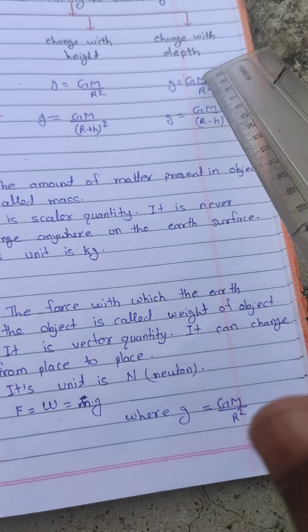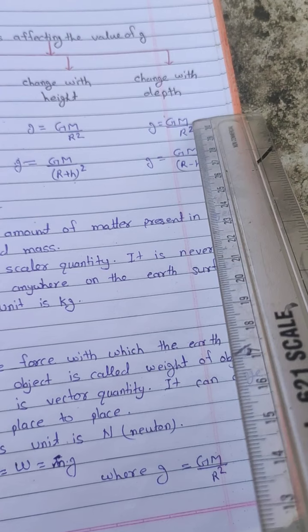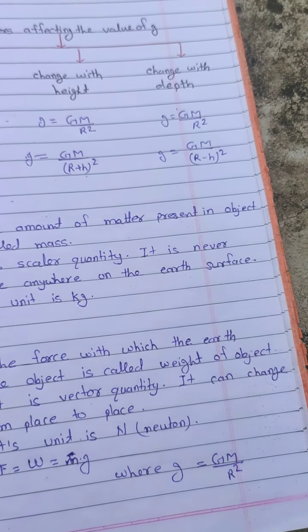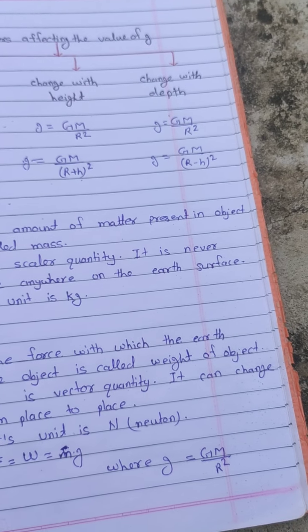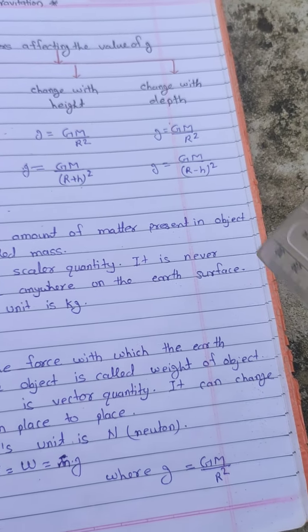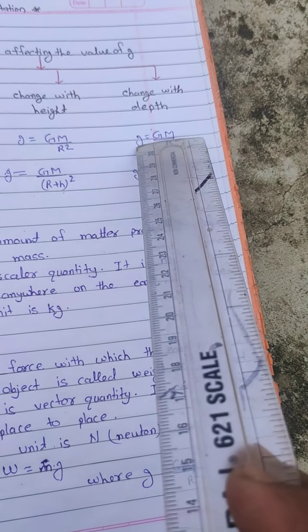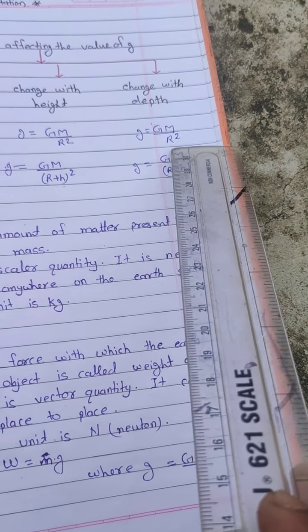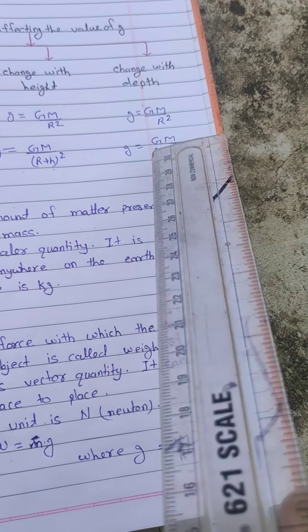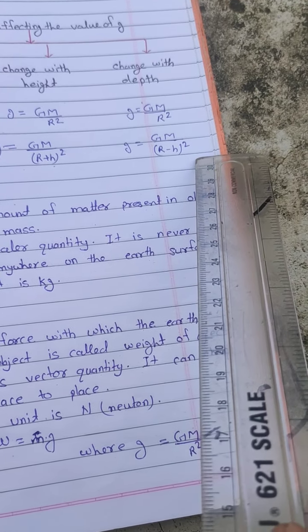Then the last one is change with the depth. Change with depth means the object is moving under the surface of the earth or going inside the water. Then the formula g equals GM upon r square will change to g equals GM upon (r minus h).